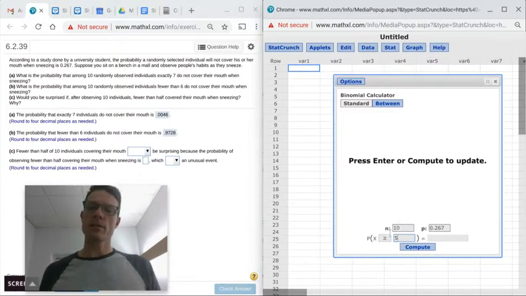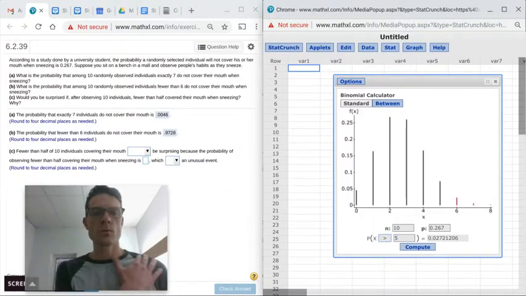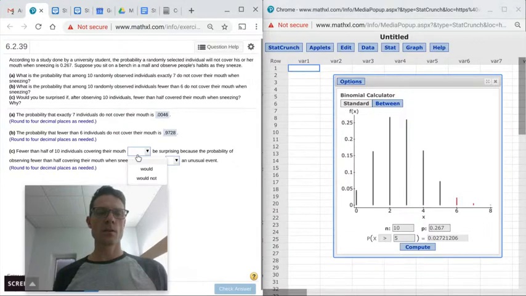Actually, it should be strictly greater than, right? Because half of them wouldn't be okay. We want more than half. And we get only about a 3% chance, which would be surprising, right?